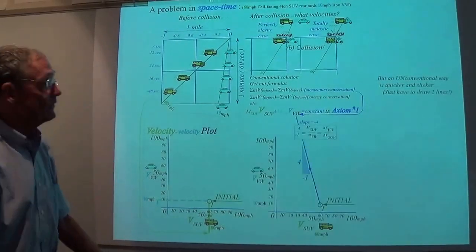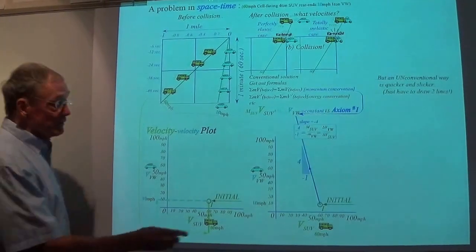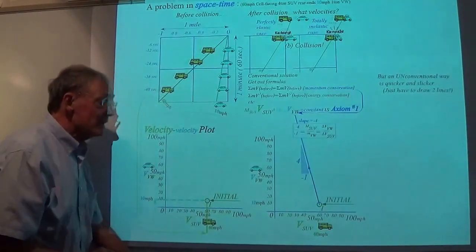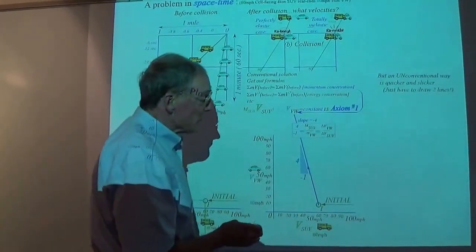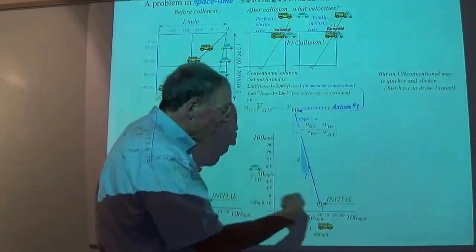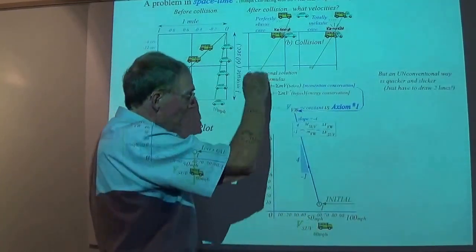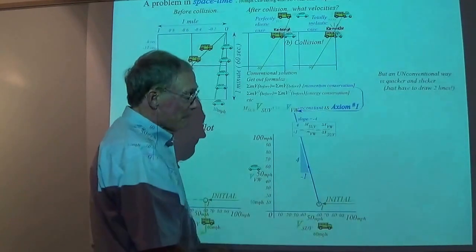So what I need to do, starting from that initial point, is draw a line that has a slope of, well, -4 if you're looking at it as y versus x.